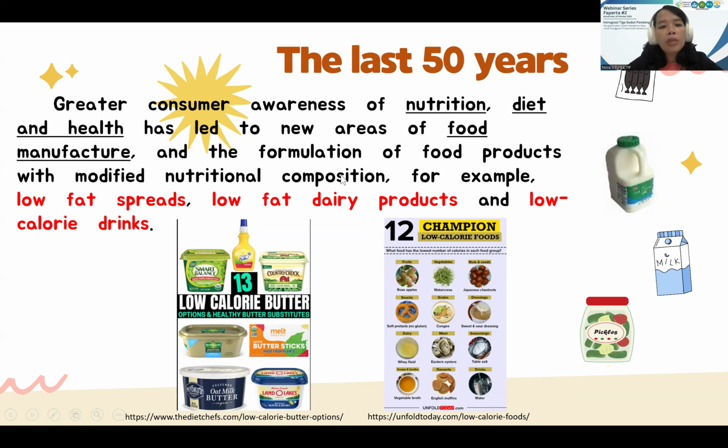For example, like this one, you see this product have a low calorie butters, and this product have low calories food, so they can still enjoy the food, and then they can be aware of the nutrition and also diet and health.